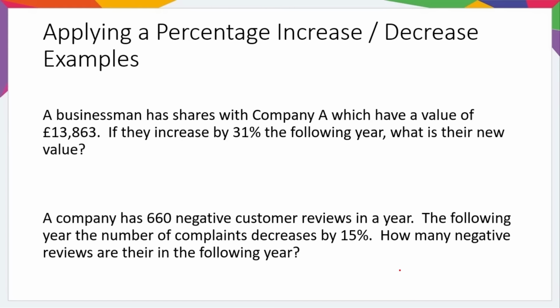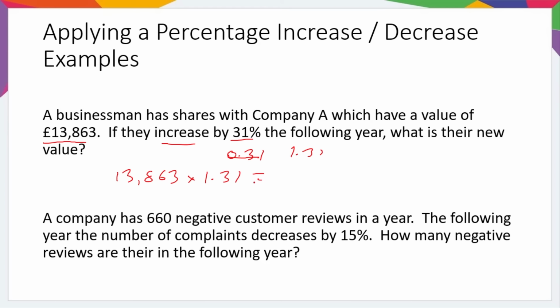So here are a couple of worked examples. We're told that a businessman has shares that have a value of this amount and they increase by 31%. The multiplier for 31% is 0.31, but for an increase, our multiplier is going to be 1.31. So our calculation is going to be 13,863 multiplied by 1.31.